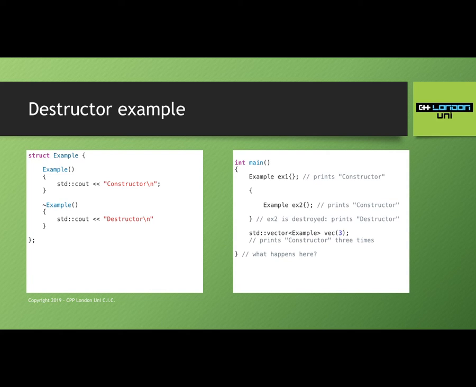And after it's finished destroying vec, the compiler is going to insert a call to the destructor of ex1. So in total, we've got 4 example objects alive at the point we exit the function, and all of those get destroyed. That's great.